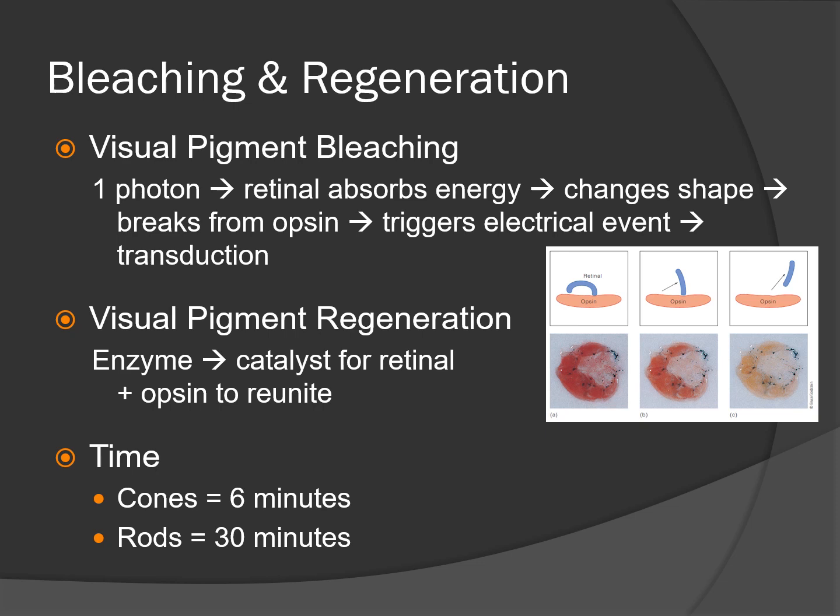For rods, the amount of time it takes for this visual pigment regeneration is about 30 minutes. For cones, the time that it takes for the retinal and opsin to reattach and the retinal to go back to its original shape, it takes about 6 minutes.